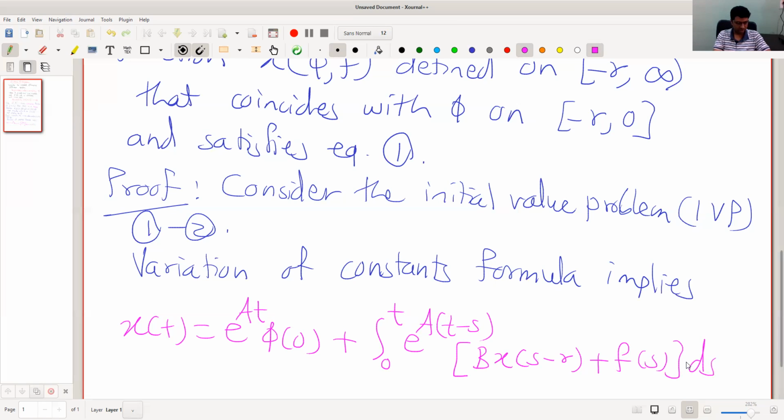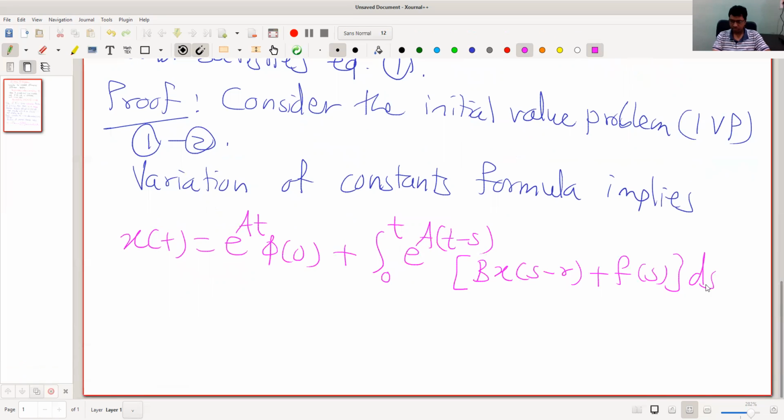Okay, this we discussed yesterday. We call this as 3, and this is for t greater than 0. Of course, it is true for t equal to 0 also. At t equal to 0, we have x of 0 equal to phi of 0.